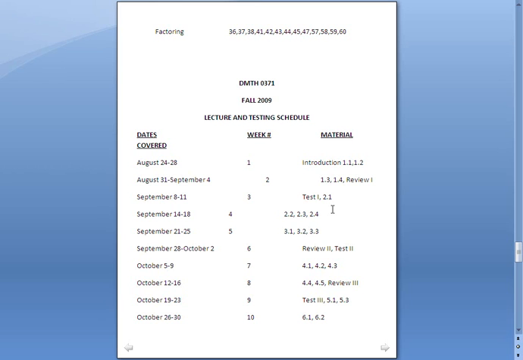Now again, remember, the first test, chapter 1, is a multiple choice test. It is the only multiple choice test that we will take as a unit test. Remember, the final exam is multiple choice as well. Now, you're going to be given 2 opportunities to take any of these unit tests. But let's say, for example, you take the test and you make a 60 on the first try.